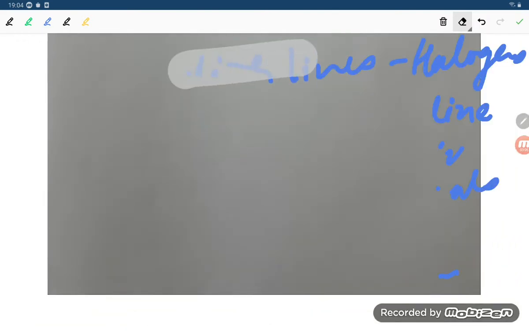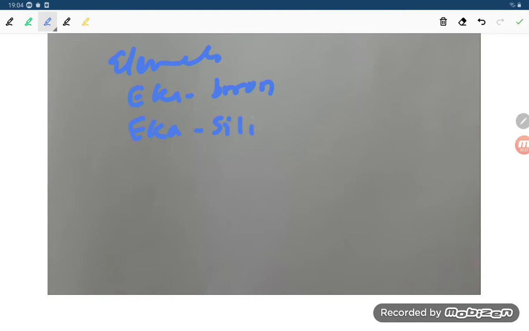When he left the vacant spaces in his periodic table, those were for elements which were not discovered at that time. So you can write down the elements, student. First was Eka boron. Next was Eka silicon.